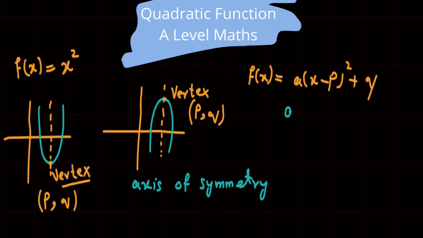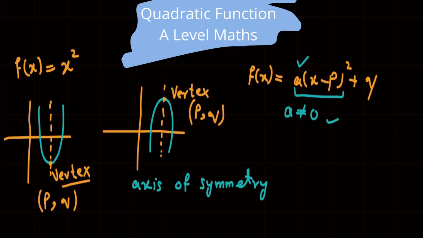An important condition is that this a can never be zero. If I put this a as 0, that means this whole factor would be 0 and that function wouldn't be quadratic anymore. So this is important to know.